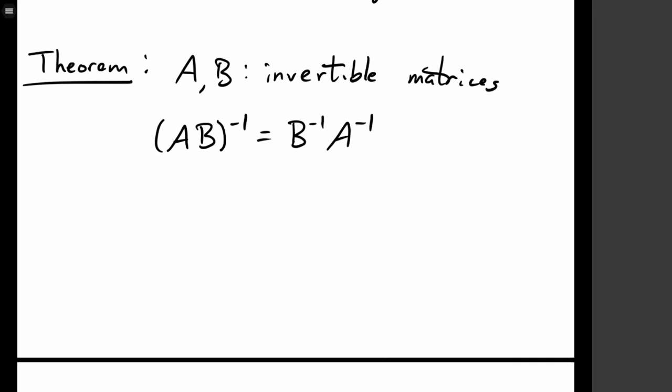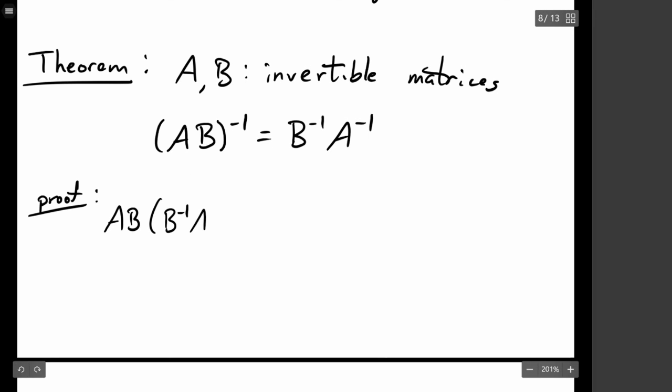So why is this true? Well, again, to prove this, we do a similar thing. We're claiming that the inverse of AB should be this. We're going to use associativity here to move parentheses around.